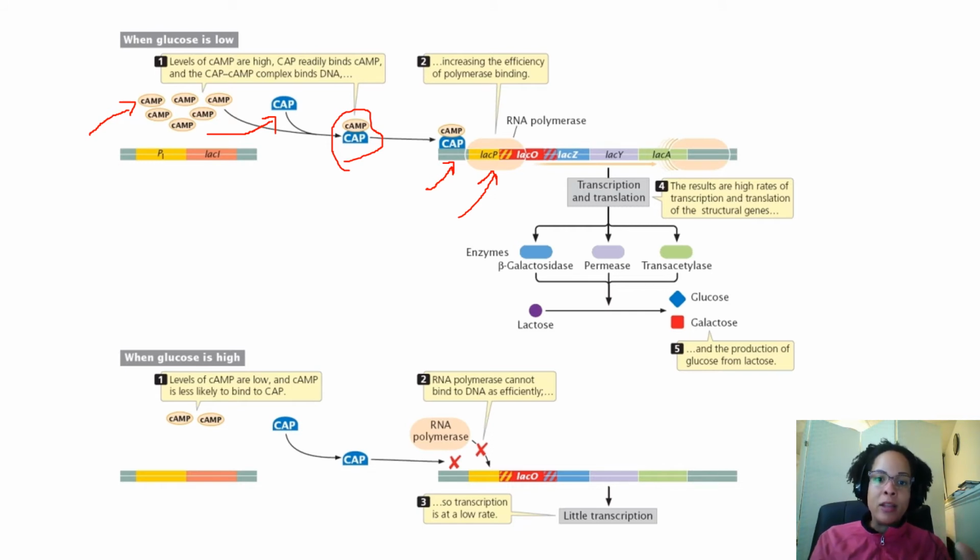That means that the roadblock that would normally be here is released. So RNA polymerase can then move forward and transcribe these genes. Okay, that produces a messenger RNA.